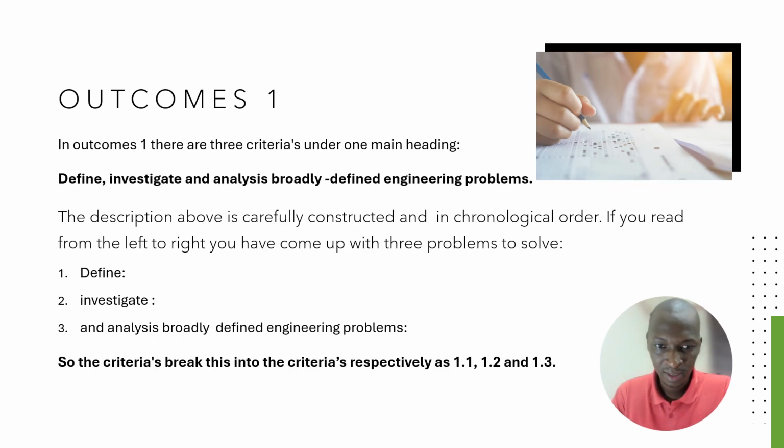In outcomes 1, we have 3 criteria under the main heading, which is define, investigate and analyse broadly defined engineering problems. The description above is carefully constructed, and I want you to note that all the descriptions are carefully constructed and always in chronological order.